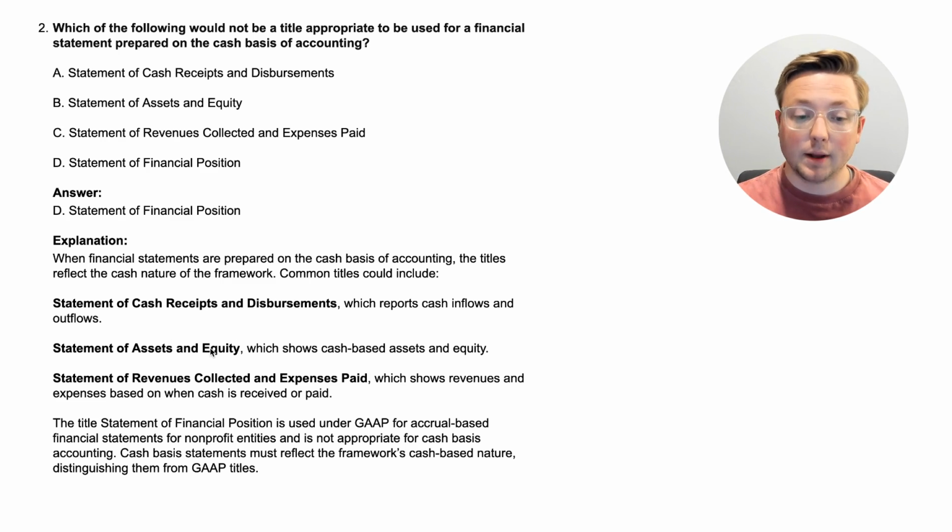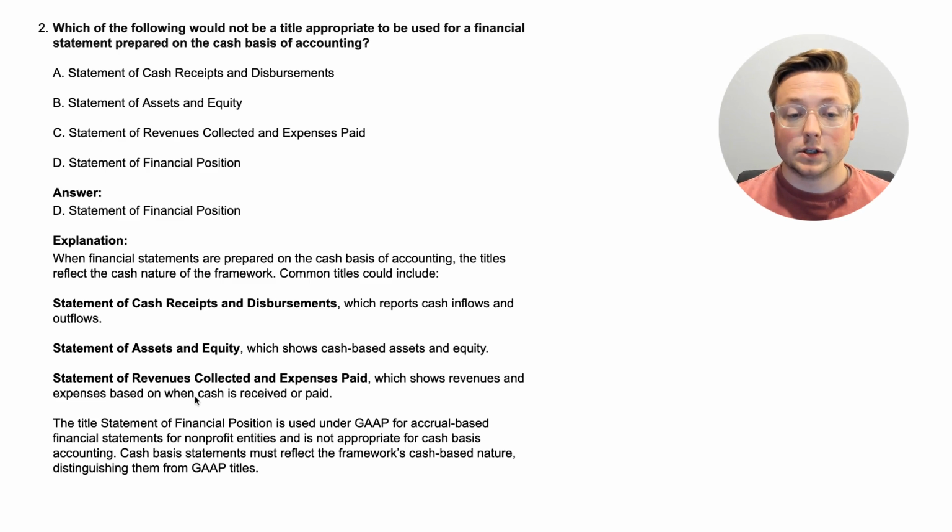It's not in GAAP. The statement of financial position, however, is used under GAAP for accrual-based financial statements for non-profit entities and is not appropriate for cash basis accounting. Cash basis statements must reflect the framework's cash-based nature, distinguishing them from GAAP titles. So we've talked about the statement of financial position when we were talking about non-profit entities, and that is a GAAP function.